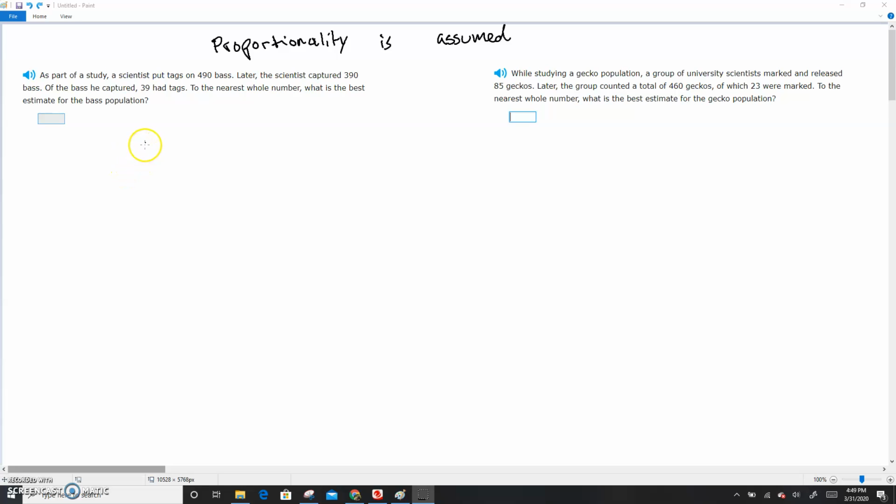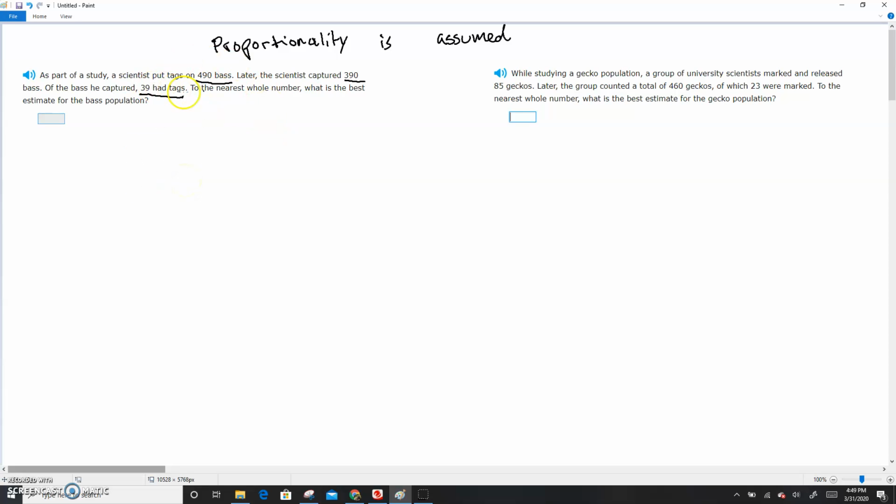It says, as part of a study, a scientist put tags on 490 bass. So I want to underline 490 bass. Later, the scientist captured 390. Of the bass that he captured, 39 had tags.